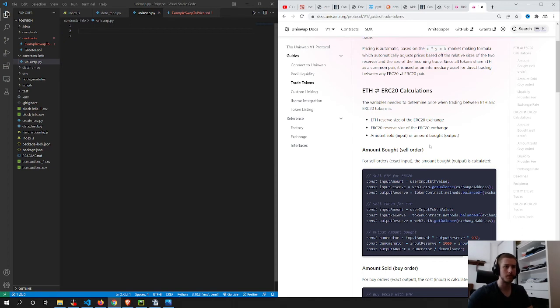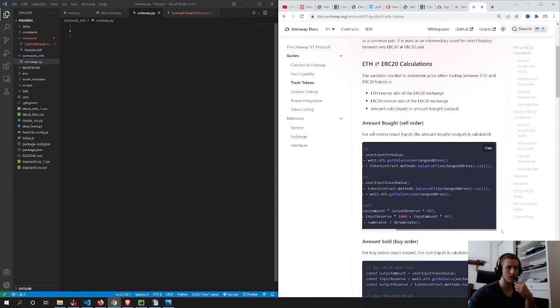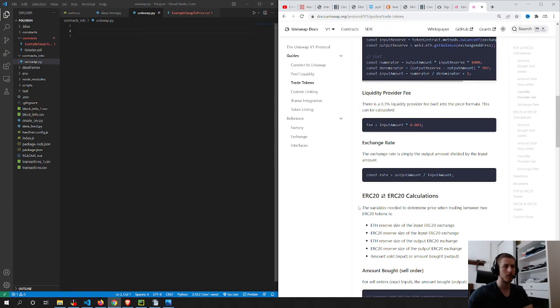For sell orders, exact input, the amount bought output is calculated. Exchange rate: the exchange rate is simply the output amount divided by the input amount.